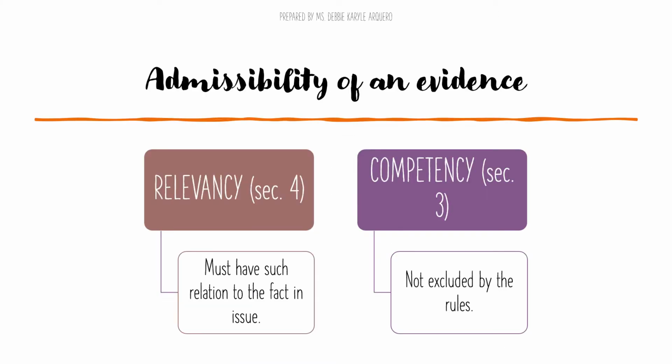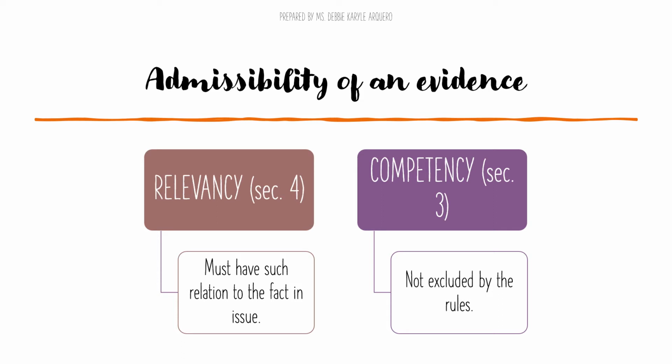Since we already established the definition of evidence, a means in ascertaining the truth respecting a matter of fact in a judicial proceeding, that evidence must be sanctioned by the court and it must be admissible by the court.